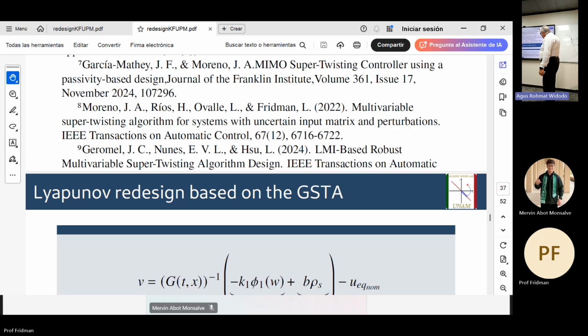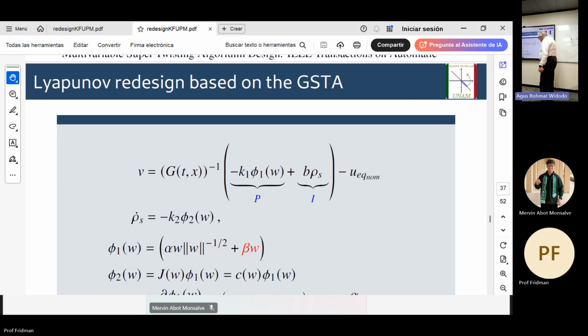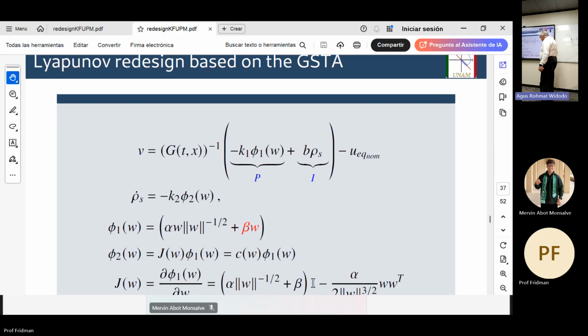Finally, what I do need is to make a redesign based on that. Of course, it is generalized as well. You see here one term which looks like a square root, because it's W divided by the square root of the norm of W. It is like a square root in the vectorial case.